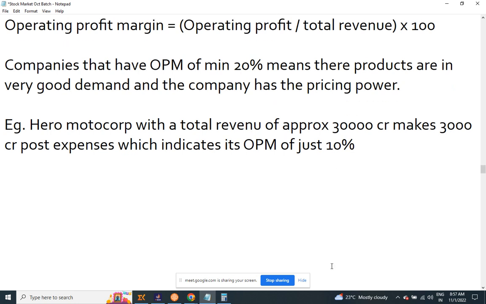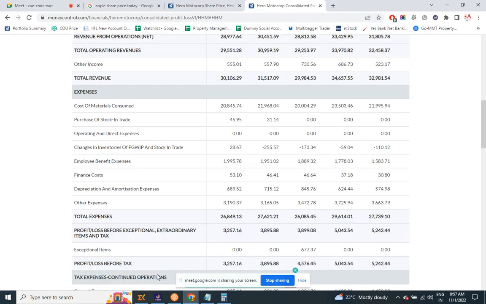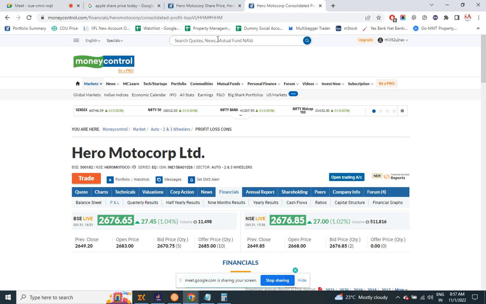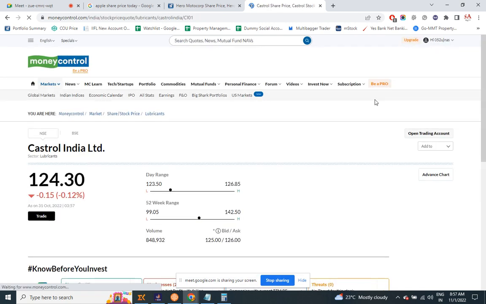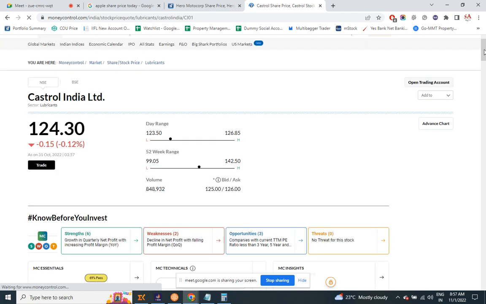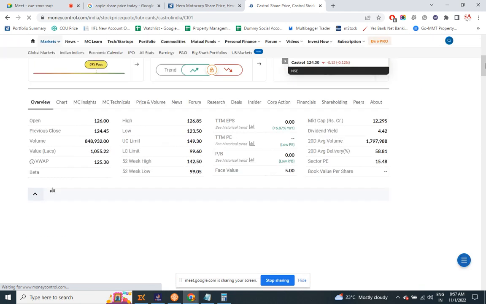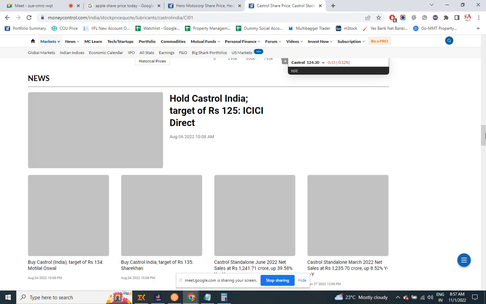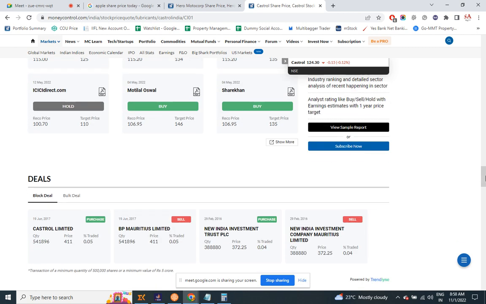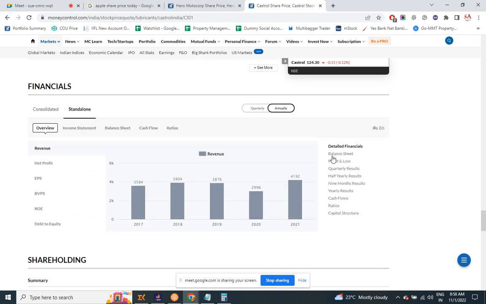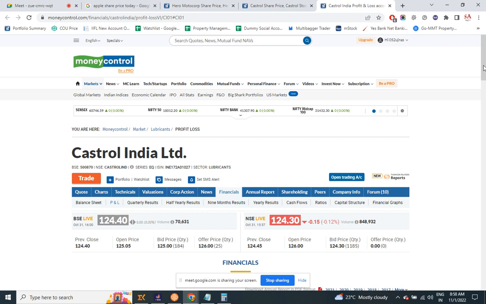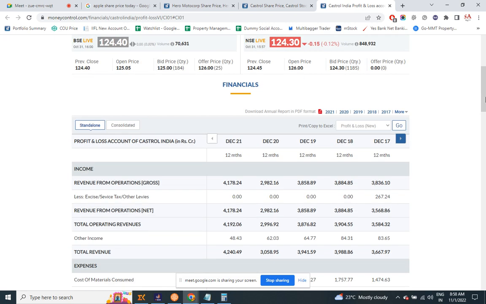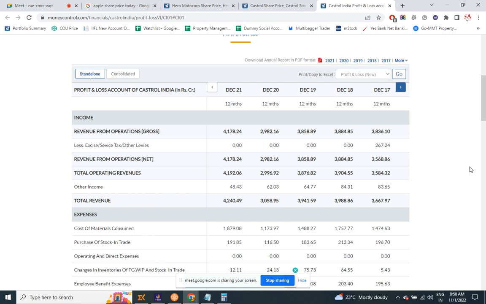Let's see another company, Castrol. This is also a debt-free company. 4,000 crore turnover.